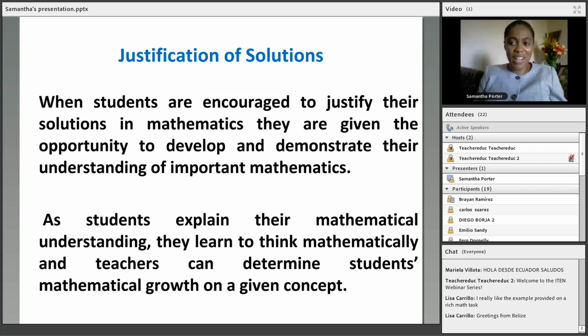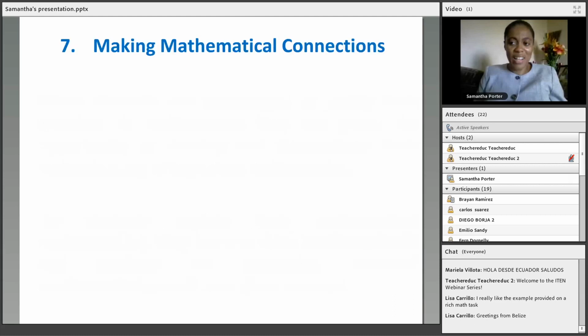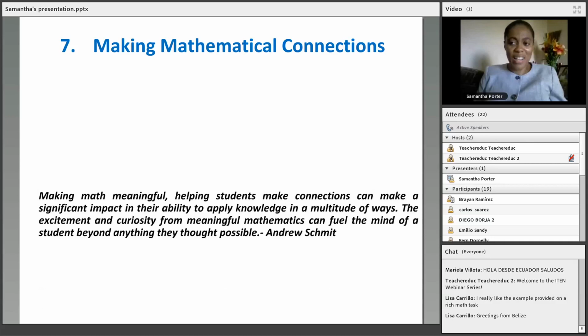If it means changing the strategies, this can happen for our students when we allow them to justify their solutions in the classroom. And we have a very important step that we have to allow when fostering communication in the classroom, making mathematical connections.